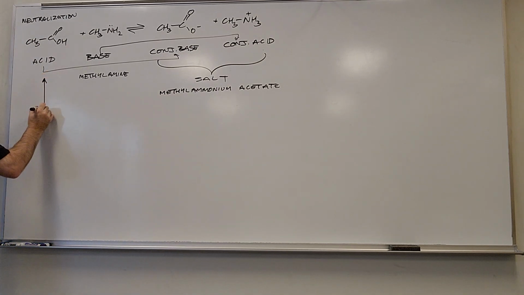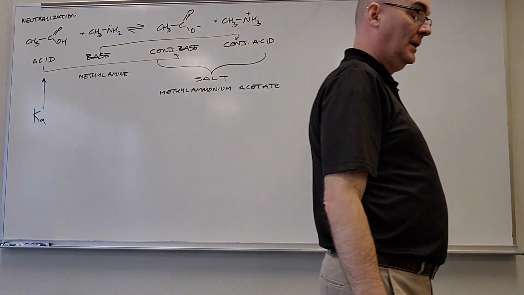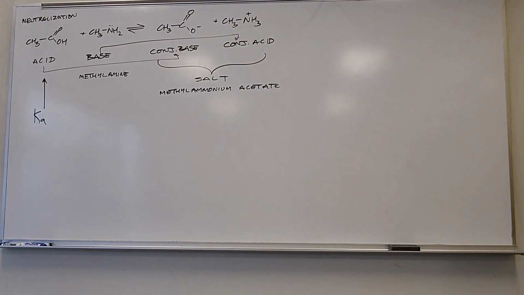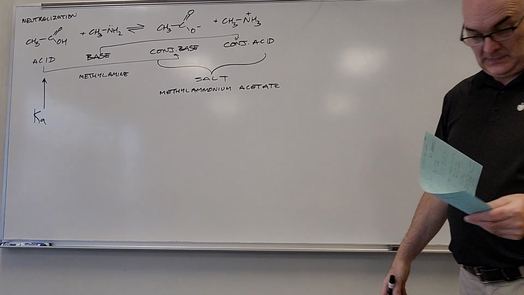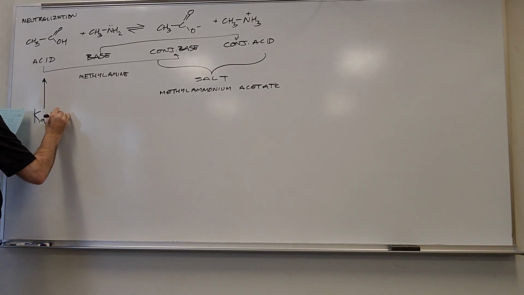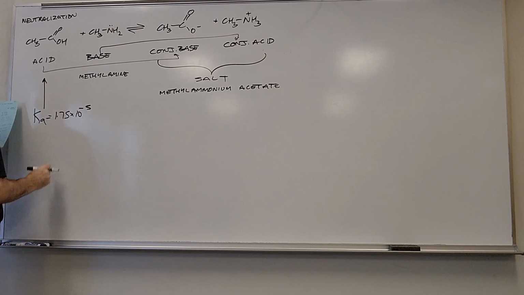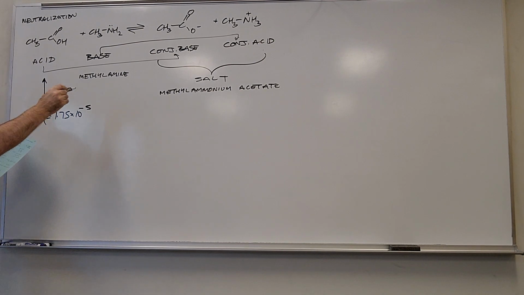This acid has an equilibrium constant that is specifically for its acid dissociation. It's called a Ka, and it is 1.8 times 10 to the negative 5. 1.75 times 10 to the negative 5.